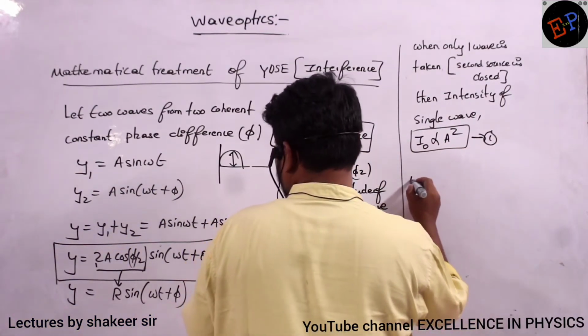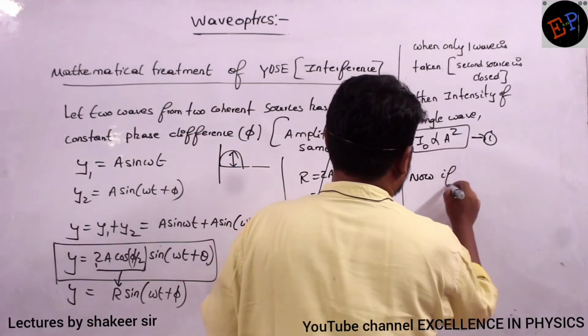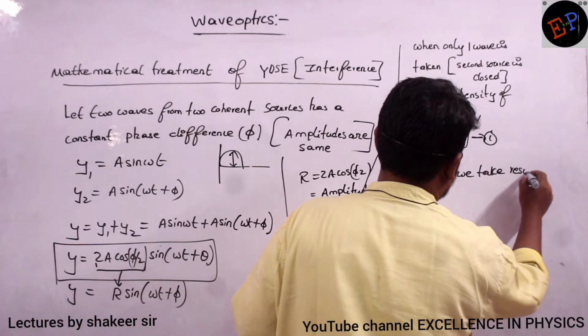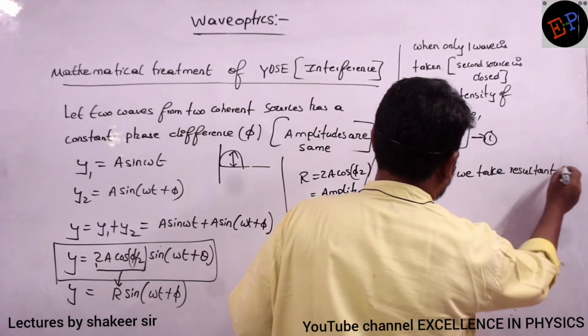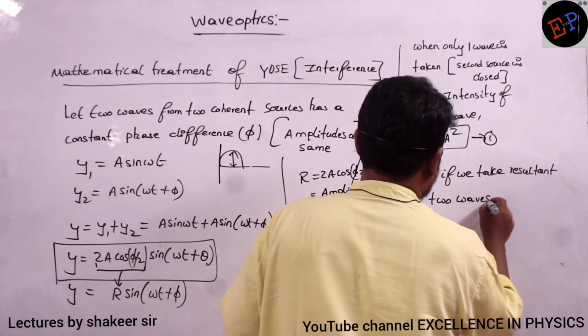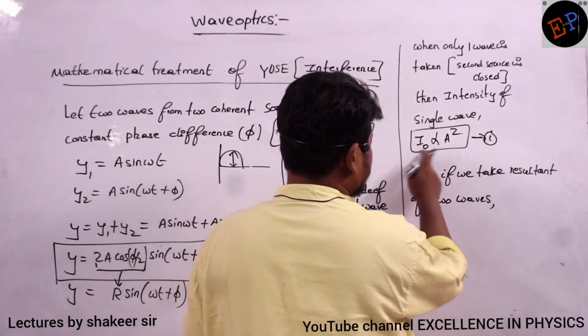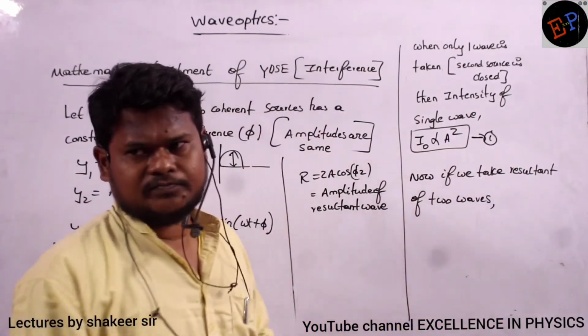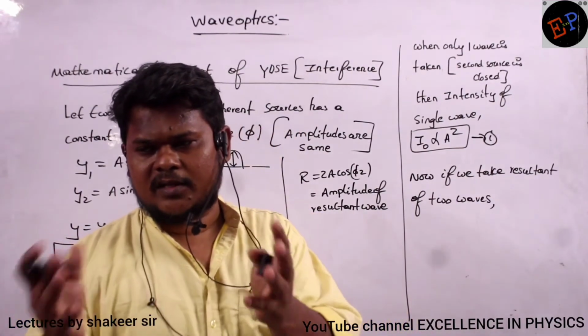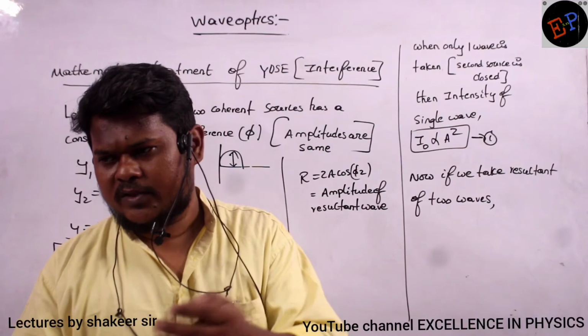Now if we take the resultant of two waves, here also intensity is directly proportional to amplitude square, no? If you take the resultant, then the intensity of the resultant is directly proportional to the square of the amplitude of the resultant.